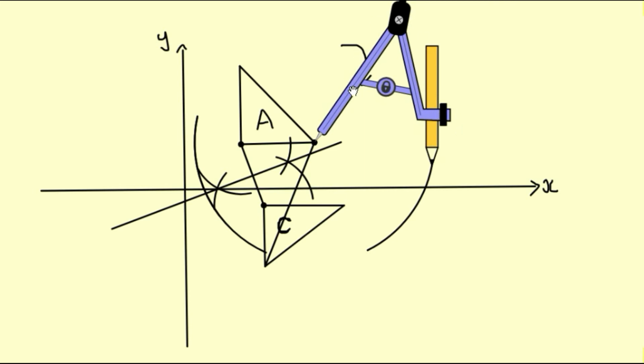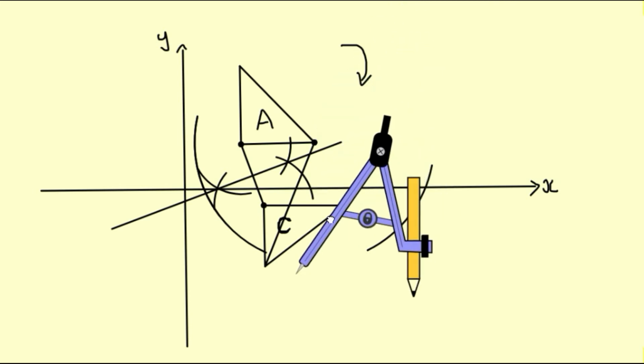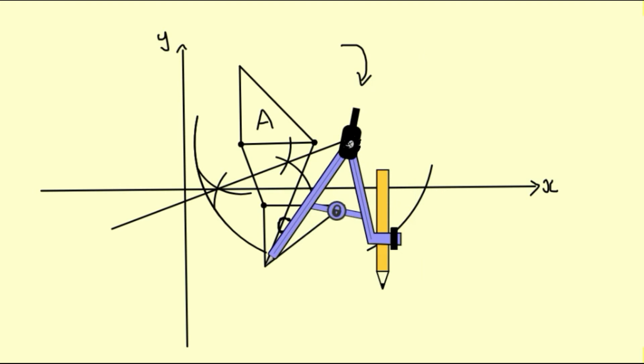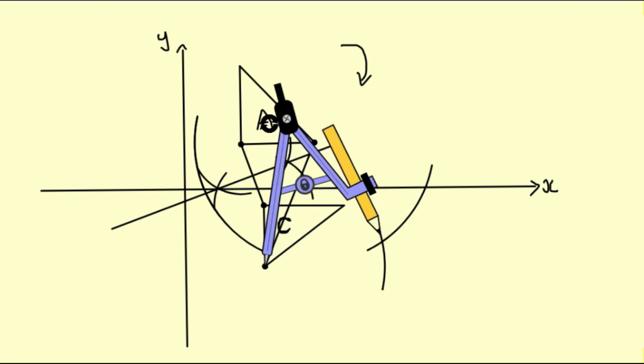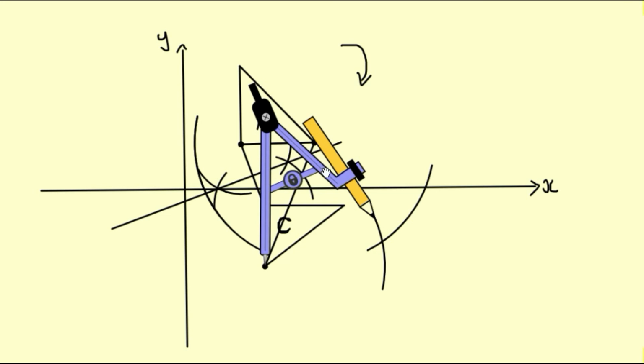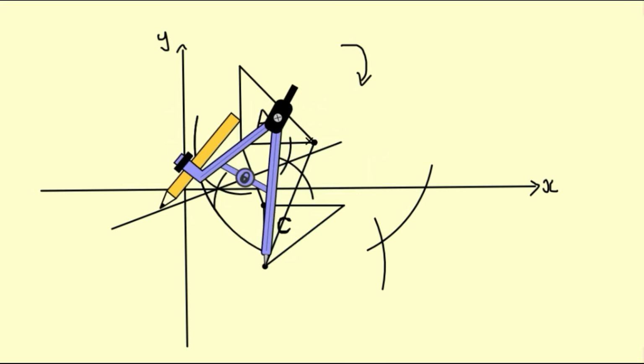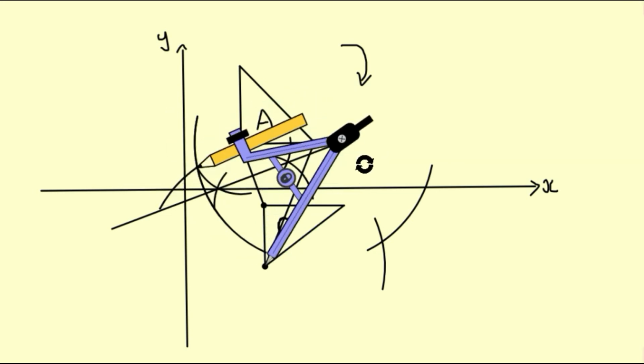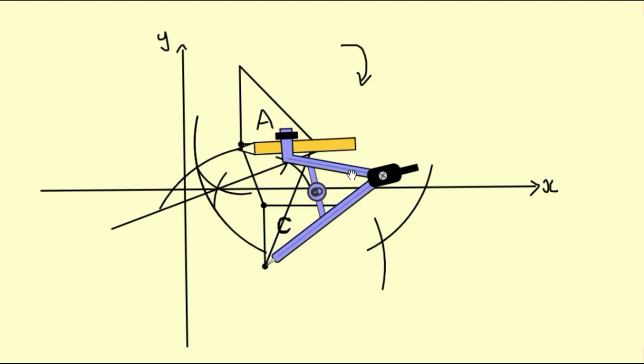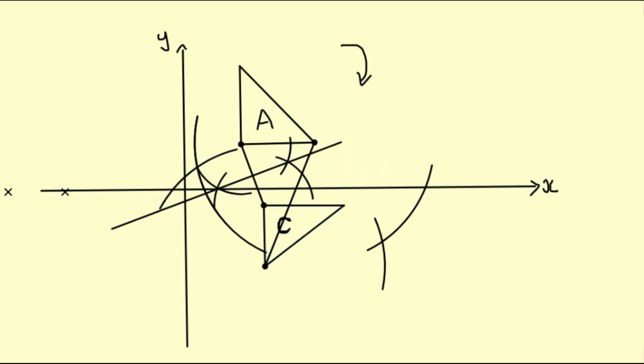Then take the compass to the other end of that line segment and cut this arc. So take the compass to the other side and cut the arc. Okay, so it's over. Now you can take away your compass.